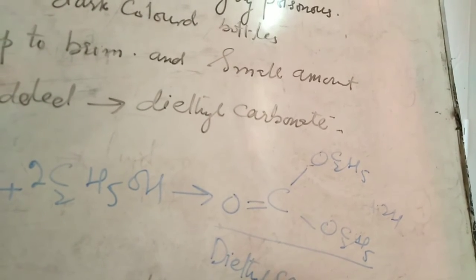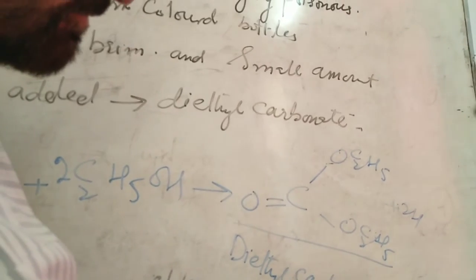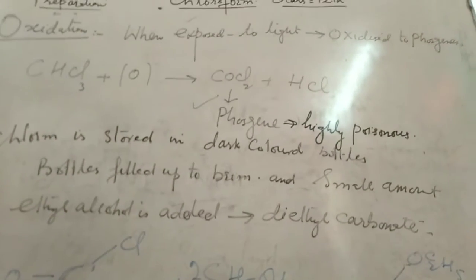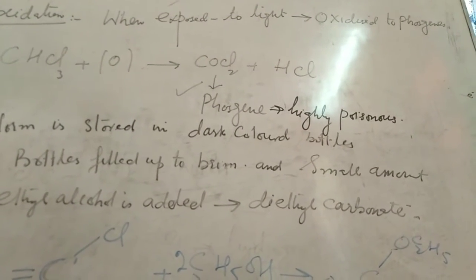Diethyl carbonate is formed. So this was oxidation. जब हम इसको एक्सपोज करते हैं, so phosgene गैस बनता है, that is highly poisonous, deadly poisonous.